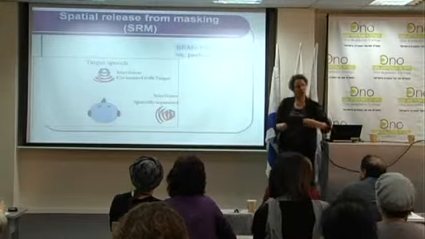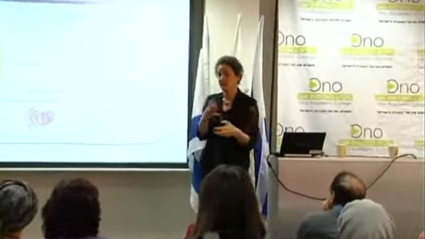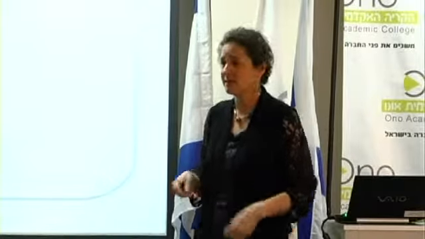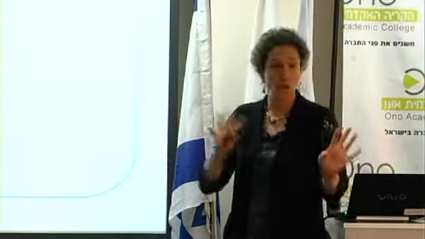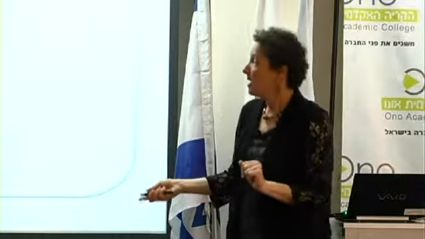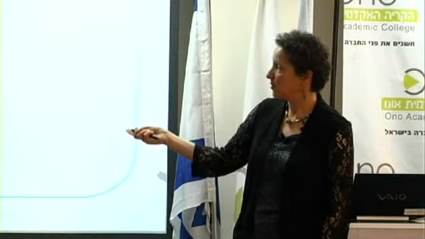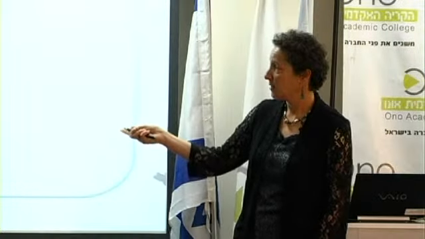So for binaural hearing, the way we do experiments, and people I know here do this in clinics sometimes also, but there's a lot of science behind this, is that you now take your target speech, you don't tell the listener what the speech is. This is the test. What did you hear? Now, you can have your competitors, or whatever you call them, maskers, either in the same location, right?